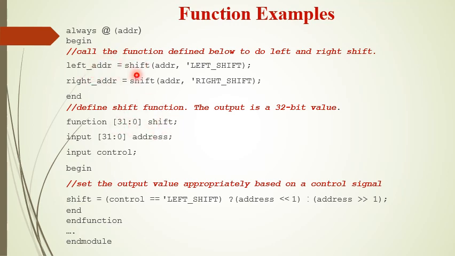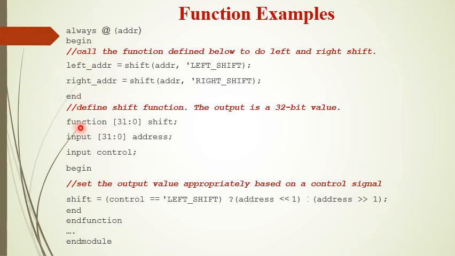Left address equal to shift of address comma left shift, and right address equal to shift of address comma right shift. So we are going to pass two arguments. One is the 32-bit address and the other one is the single bit constant, either 0 or 1. And this is the end of the always block.